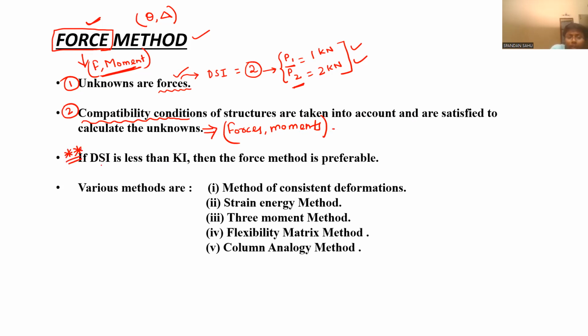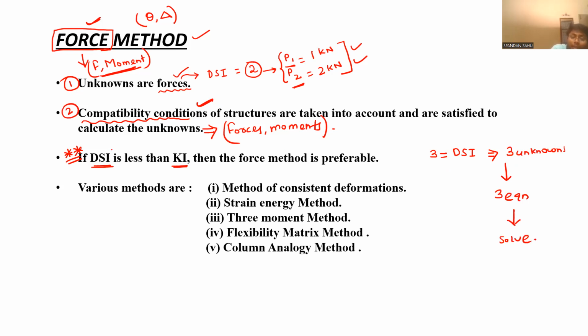Suppose the DSI of a structure is 3, then you will have 3 unknowns, and using compatibility conditions, you have to formulate those 3 equations and solve them.